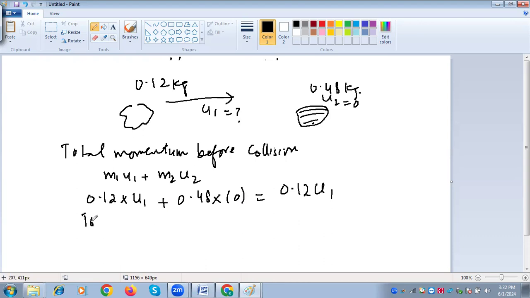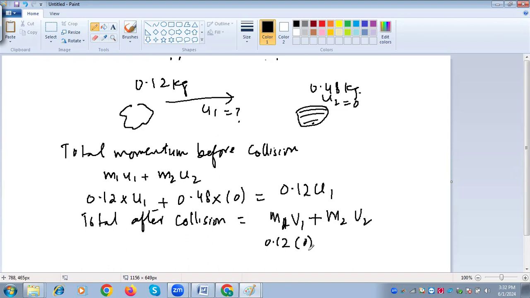Total momentum after collision is equal to M1V1 plus M2V2. So this one stops, V1 is 0, and this one has the momentum and it has to move with the velocity of 0.1 meter per second as is given in the question.